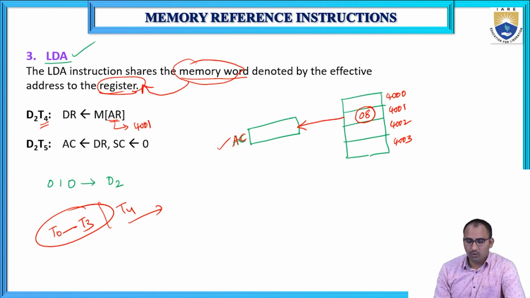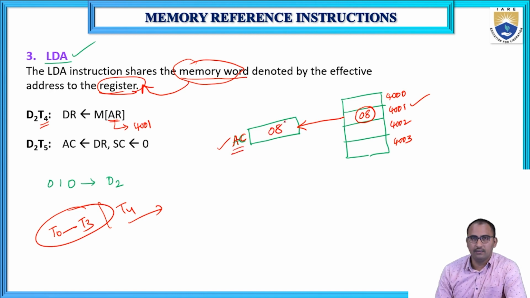So we are going to memory location 4001. In that, we have a value or operand 08 that will be copied to the accumulator. So after performing this load accumulator, the contents of the accumulator are 08.